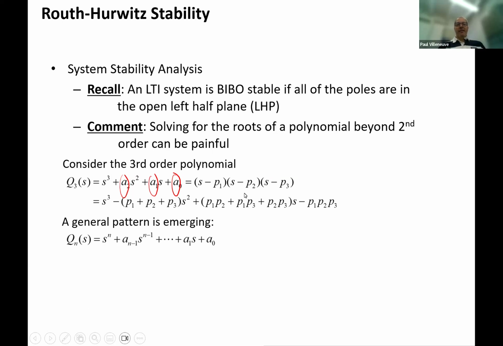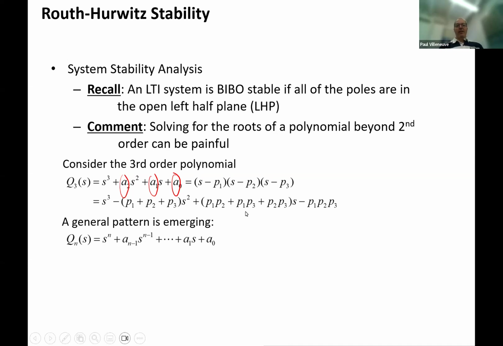If one of these is actually a negative number, so the actual pole is a negative number, it's possible that that could dominate these and make that a positive number, correct?